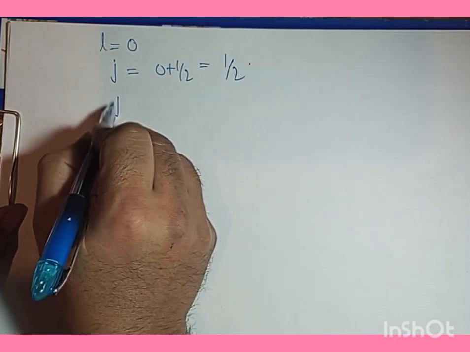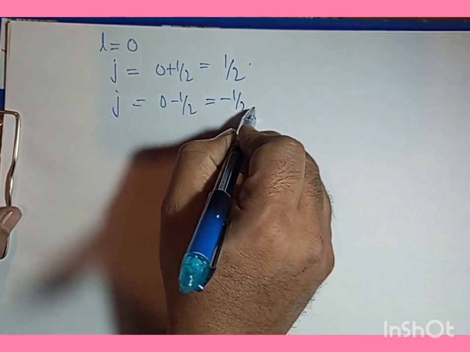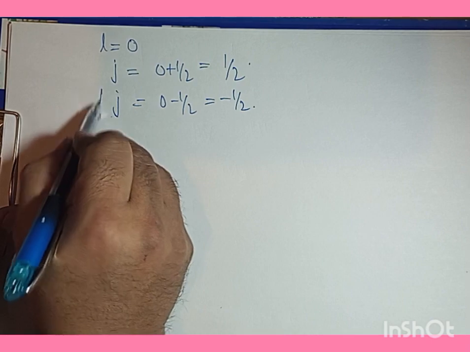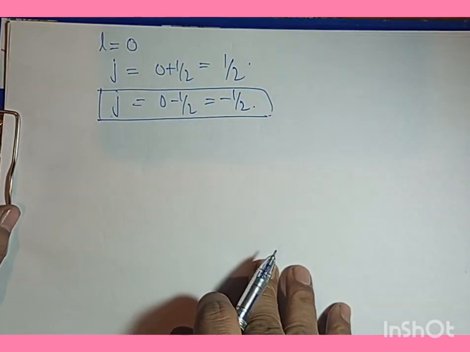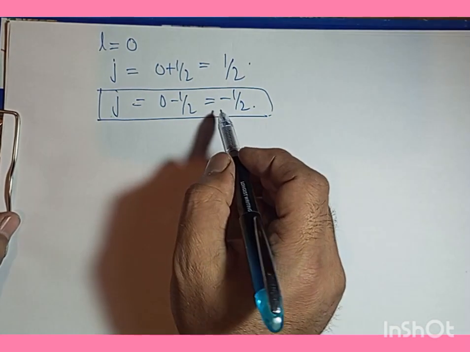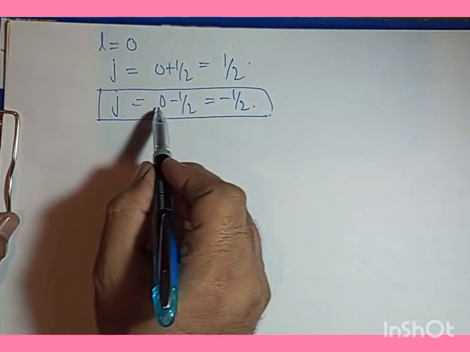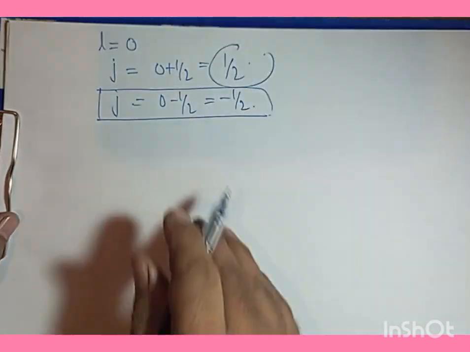And for another case, j will be 0 minus 1 by 2, which gives me minus 1 by 2. But the total angular momentum quantum number cannot be negative, right?